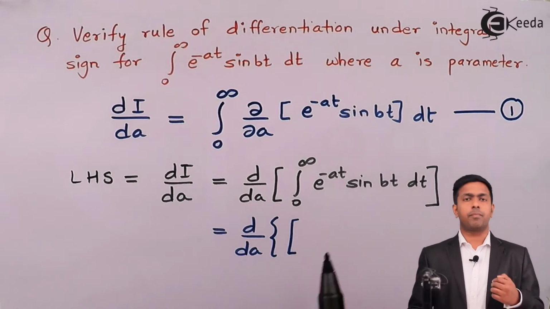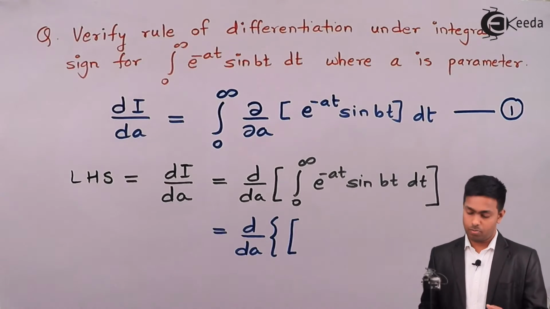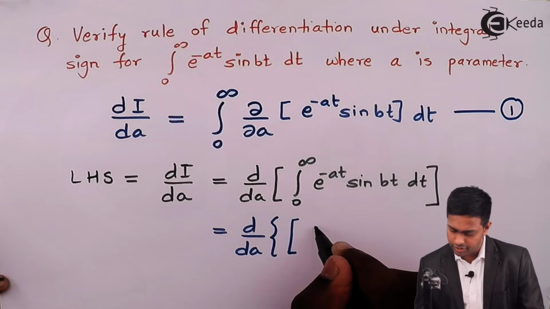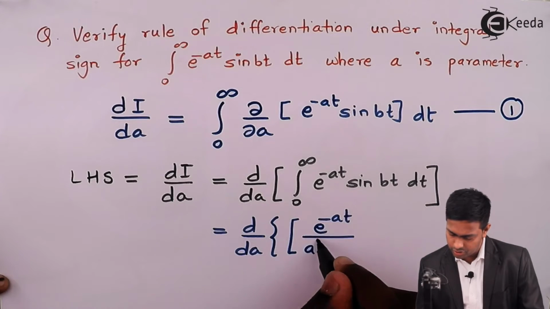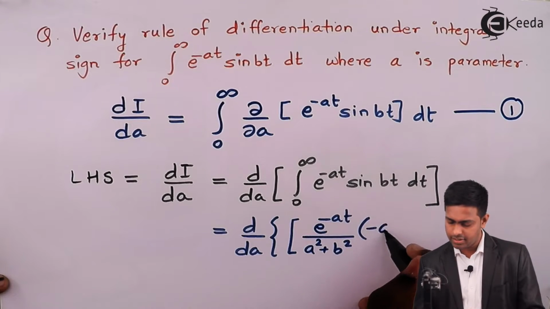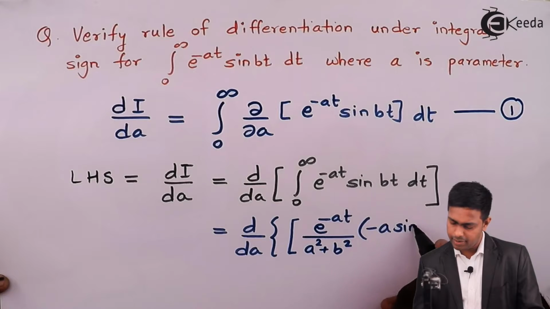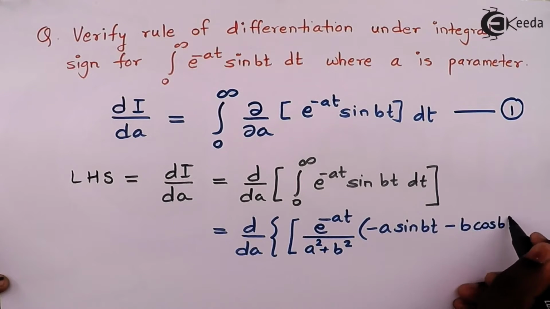this is the property of the integration of e raised to ax into sine bx. By using the formula of that property, we will get e raised to minus at upon a square plus b square into minus a sine bt minus b cos bt.